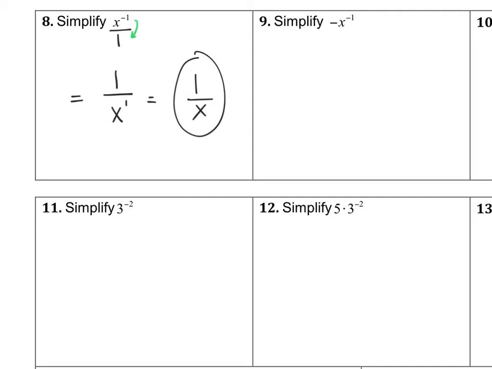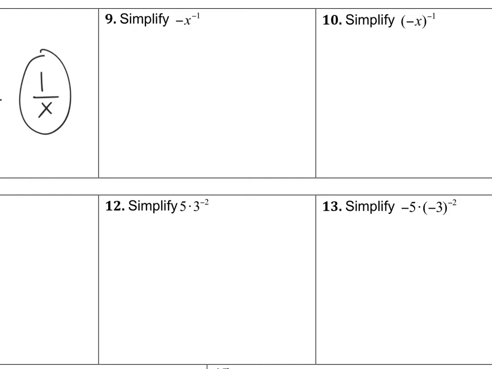All right, number 9. Negative x to the negative first. Remember we talked about today in class, this exponent only belongs to its base. So if I were to write this out, this is actually negative 1 times x to the negative first power. So only this base x has a negative exponent.